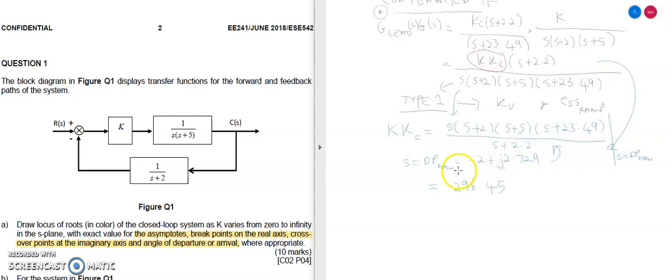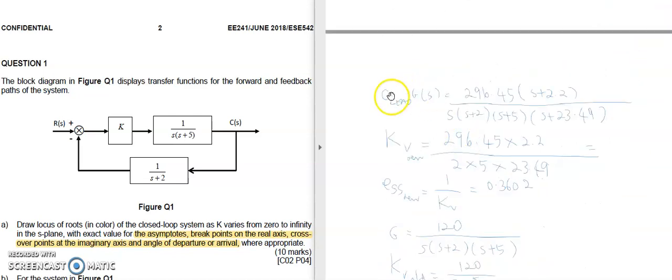Take the magnitude value, that is your gain KKC. Using this gain KKC, plug back into this compensated transfer function. So this is the compensated transfer function after you calculated the unknown gain KKC, 296.45.